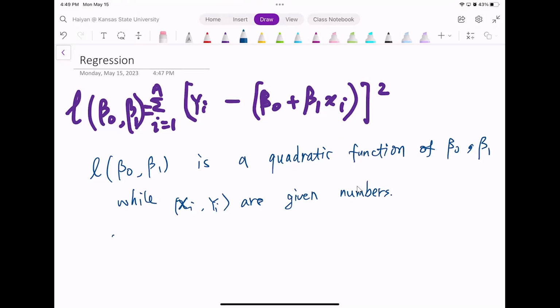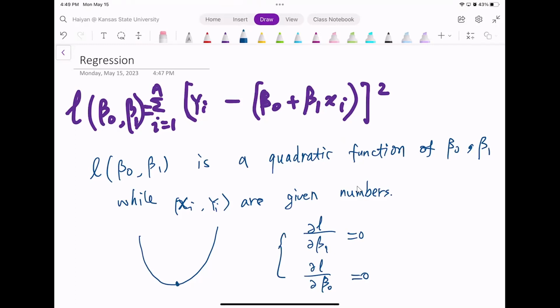So to minimize that, we know it's a quadratic function. For a quadratic function, there's one point that will minimize it. And how do we find this point? You simply take a partial derivative with respect to the parameter and set it equal to 0. Similarly, take the partial derivative with respect to the other parameter and set it equal to 0.